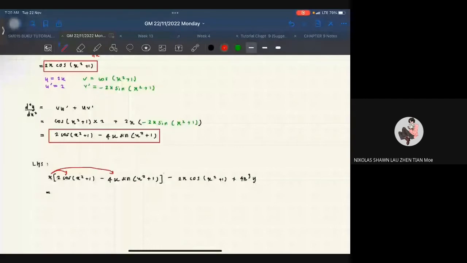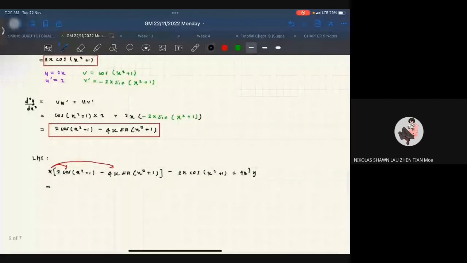You will get 2x times cos x square plus 1. Okay, and then minus with 4x square sine x square plus 1.